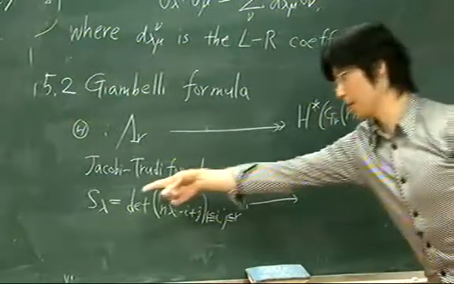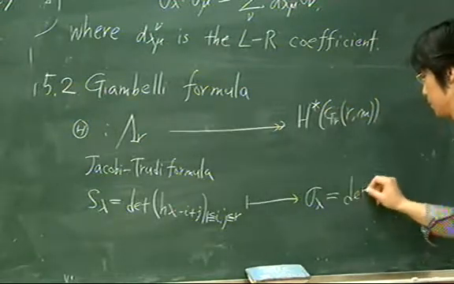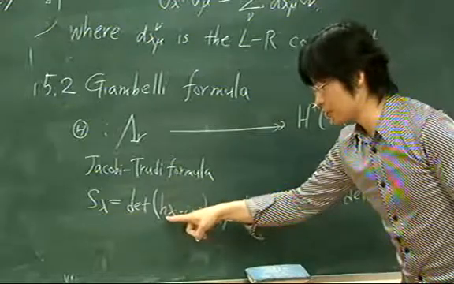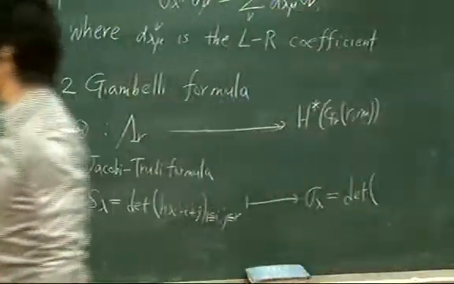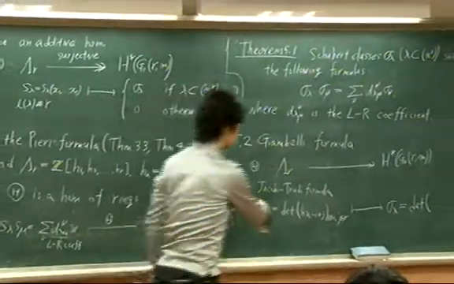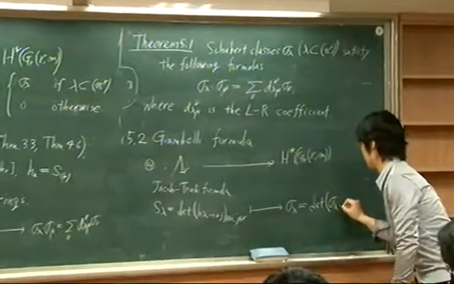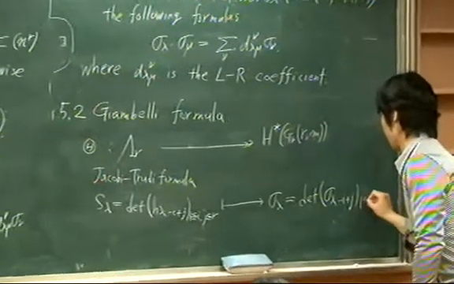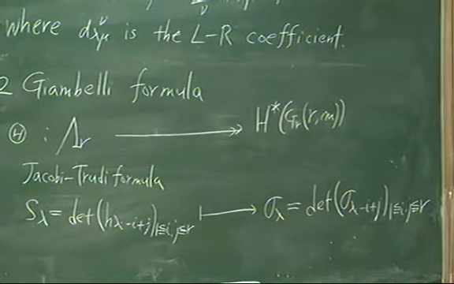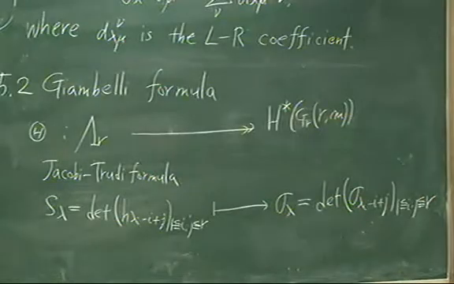Then S lambda becomes sigma lambda, and H lambda, H is the complete symmetric polynomial. A complete symmetric polynomial is S k. So this term becomes sigma, the special Schubert classes.